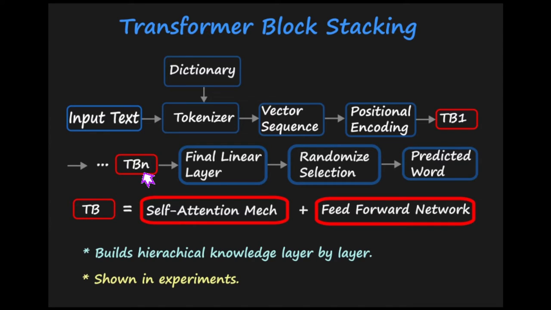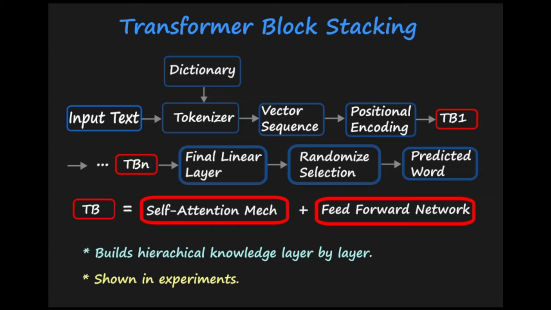GPT-3 has 96 of these blocks, one after the other, each feeding into the next, and this is how they build up knowledge. Each transformer block (TB) adds a layer of understanding built on the previous transformer block layer.